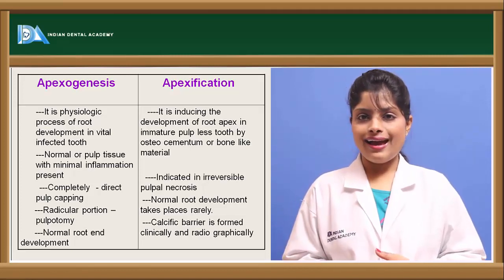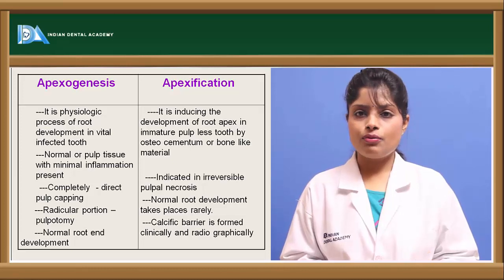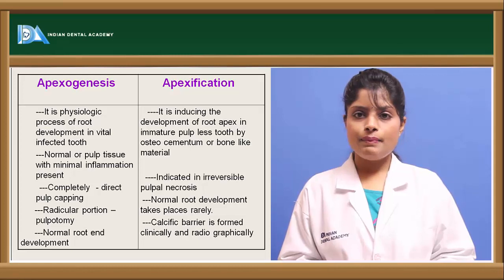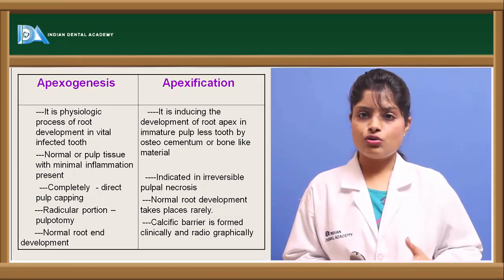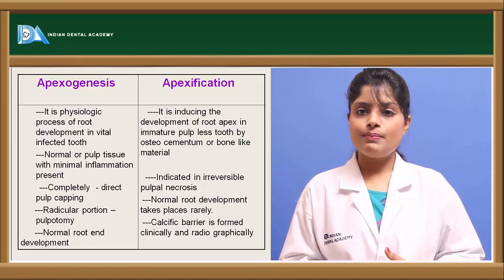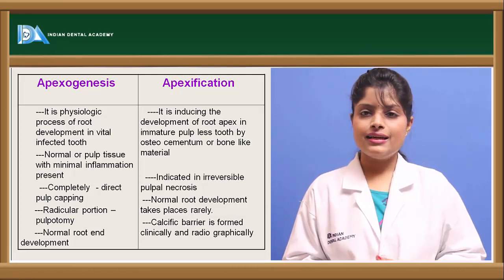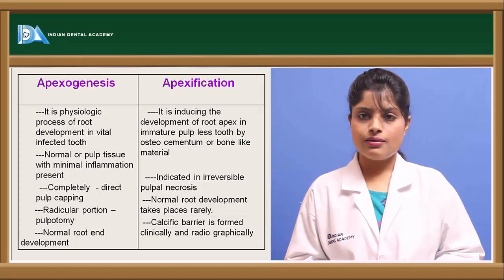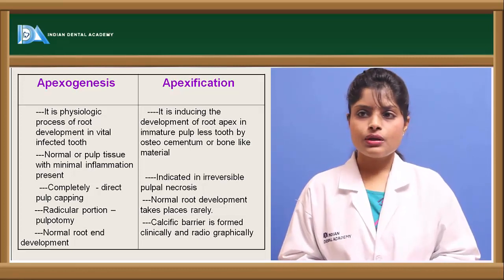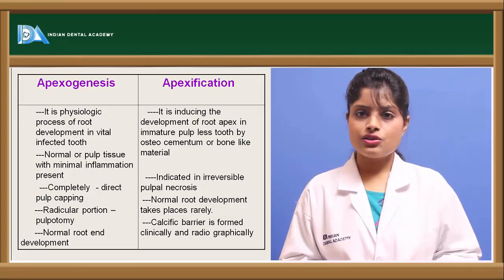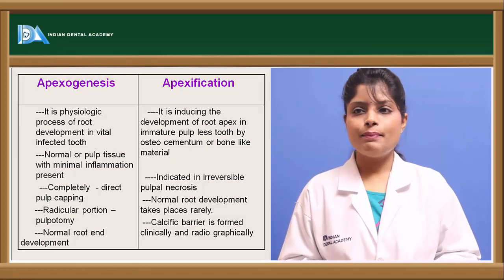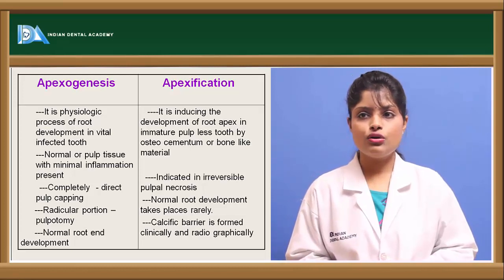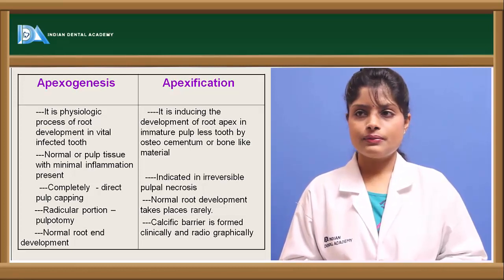So it can be treated by indirect pulp capping, direct pulp capping, pulpotomy, or apexogenesis. In apexogenesis, basically there is a physiological process of development of root by vital means. Generally the normal root development takes place. In such cases, Hertwig's epithelial root sheath may be present.